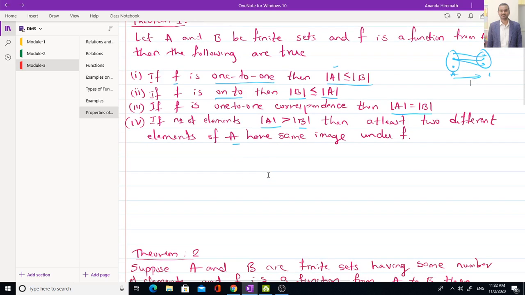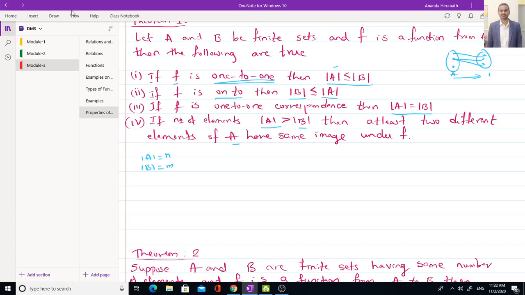Now consider the first one. If f is 1 to 1, before that let us assume that we have the number of elements in A as n and the number of elements in B as m.